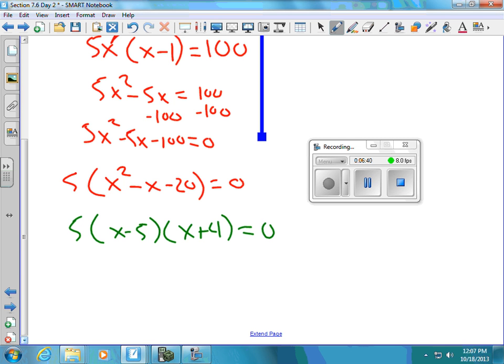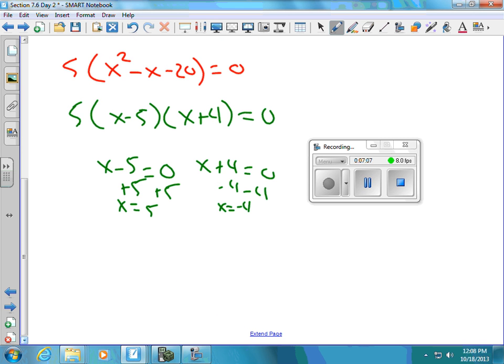A in this case, ignore that 5 is factored out, it's a 1x squared. So dividing by 1 is not going to change anything. And my solutions, 5 doesn't have an x by it, so it's not a 0. So it's x minus 5 and x plus 4. If I do 5 equals 0, that doesn't make sense. It wouldn't be a solution anyway. Add 5 to both sides, we get x equals 5. Subtract 4 from both sides, we get x equals negative 4.